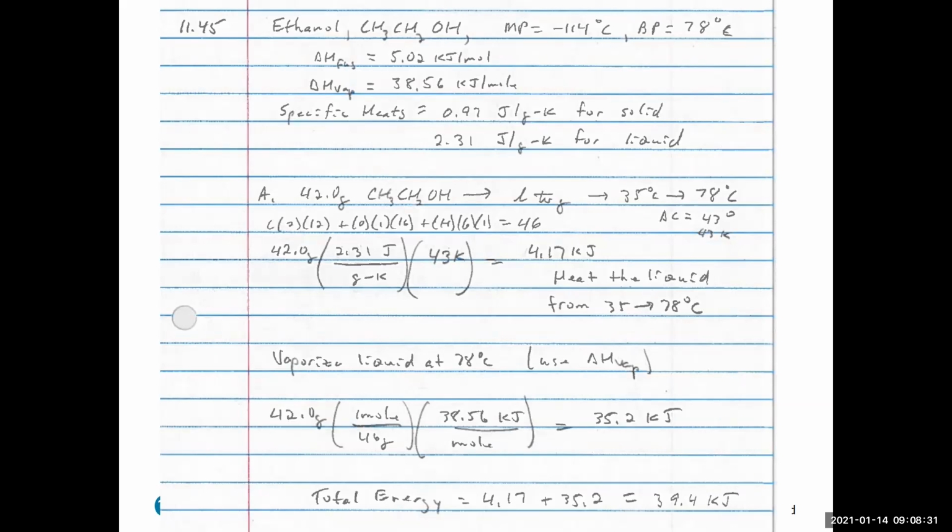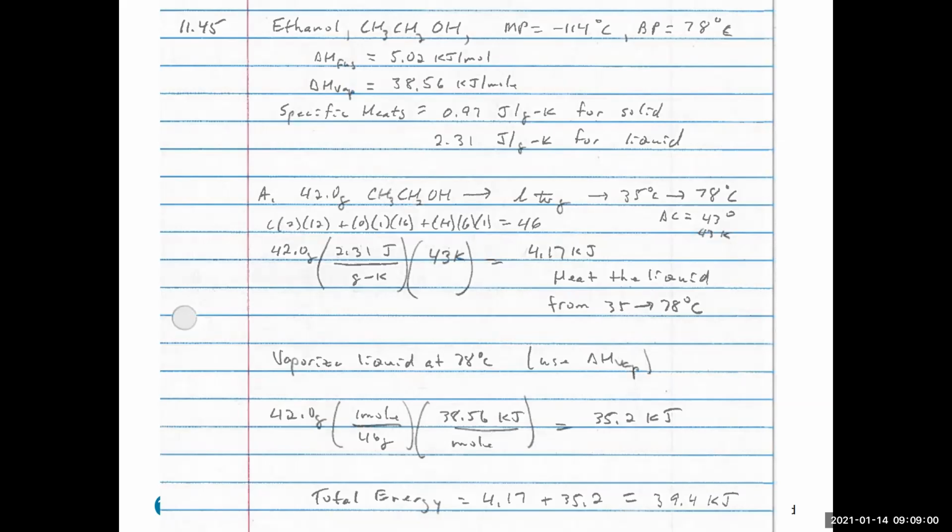So that's our background information that we're going to need to solve this problem. And what they're asking us for is: how much heat is required to convert 42 grams of ethanol at 35 degrees C to the vapor phase at 78 degrees C.